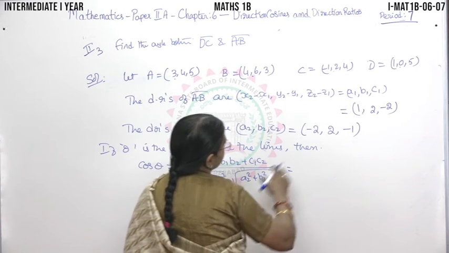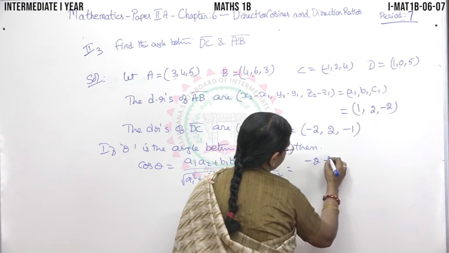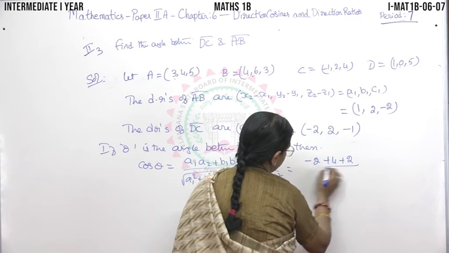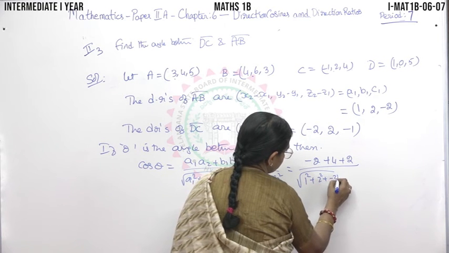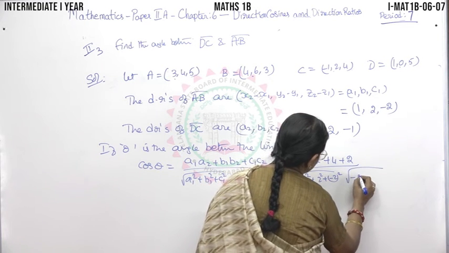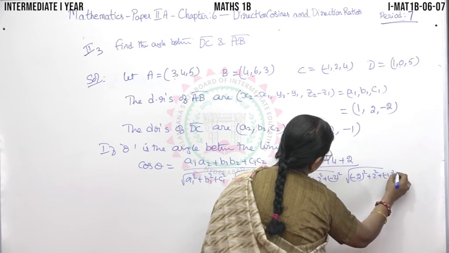Substitute. So a1 a2 means -2 plus 4 plus 2 by root of 1 square plus 2 square plus -2 whole square. Again this is -2 whole square plus 2 square plus -1 whole square.